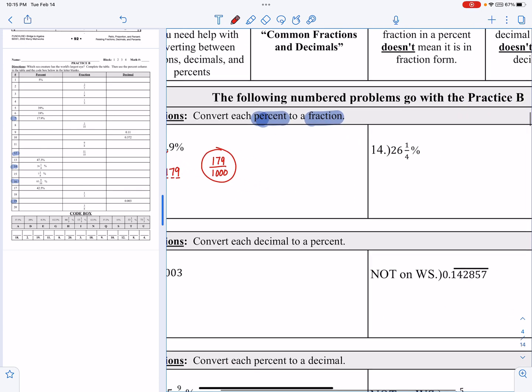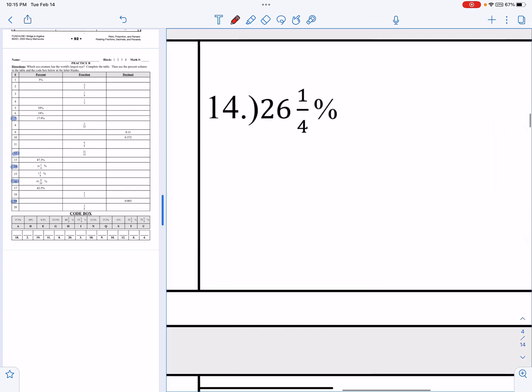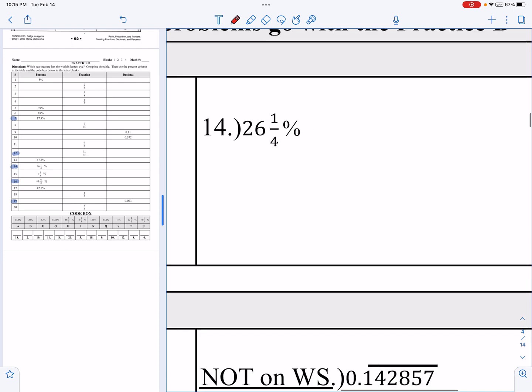Let's go ahead and do the next one, then we'll plug it into the worksheet. Okay, we have 26 and 1/4. Anytime you can change that fraction to a decimal, do that. So I'm just going to rewrite this as 26.25, but this is still a percent. I didn't change it to decimal form yet.